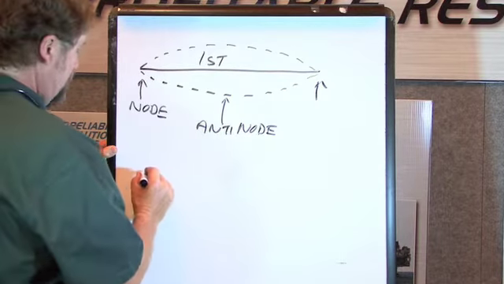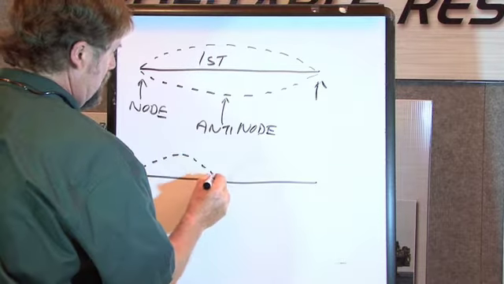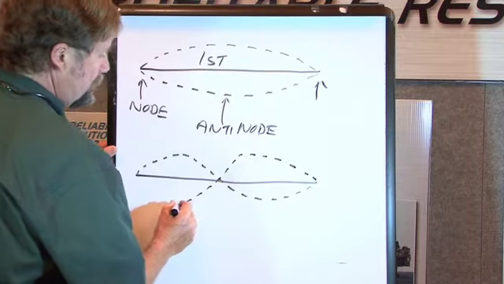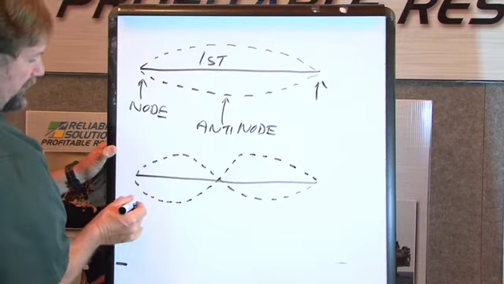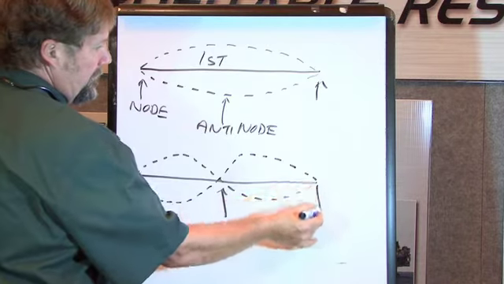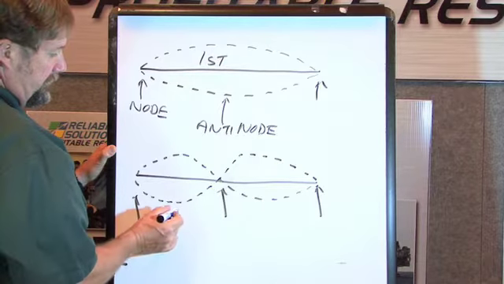The second critical mode shape looks something like this. In this case, there are three nodes and two antinodes.